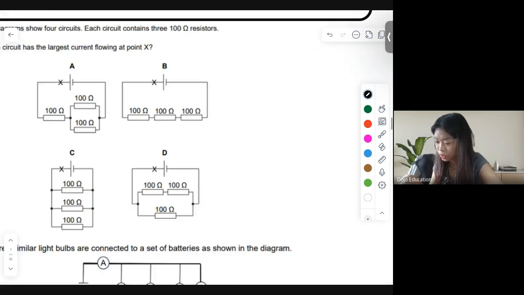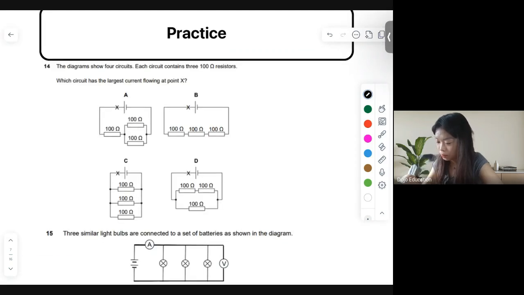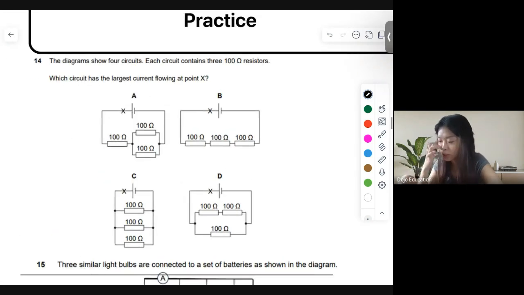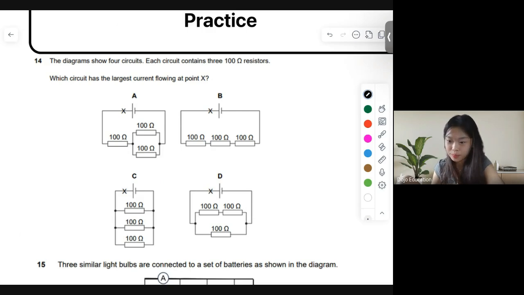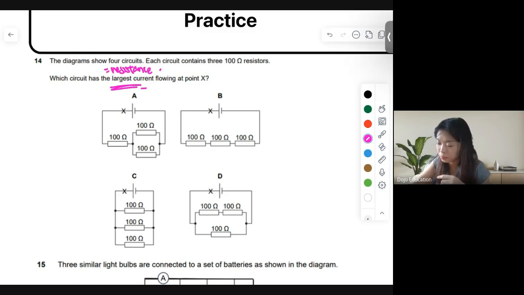Okay, then for this question, question 14. Which circuit has the largest current flowing at point X? Okay, so for this question, how do we do it? Largest current. And from what I see for options A, B, C, D, what I can calculate is only resistance, right? So largest current, I know that means my resistance is the smallest.